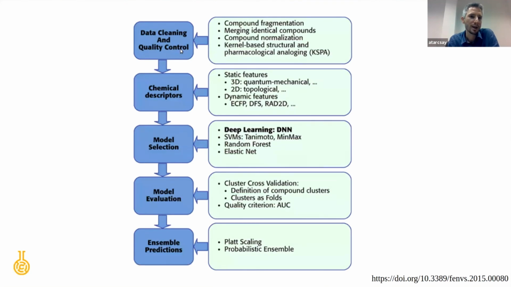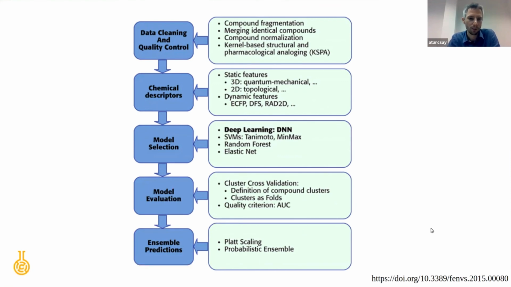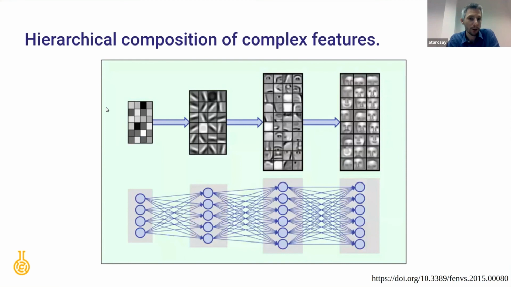It starts with data cleaning and quality control, then chemical descriptors are generated. That's what I introduced, ECFP fingerprints, topological or even quantum mechanical. And then you select the model training strategy, evaluate the model, the area under the curve, and you can generate ensemble predictions as well.